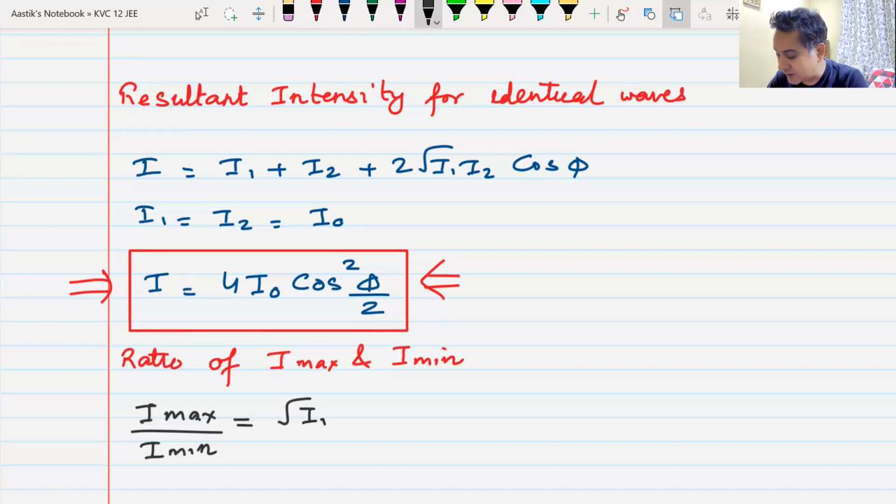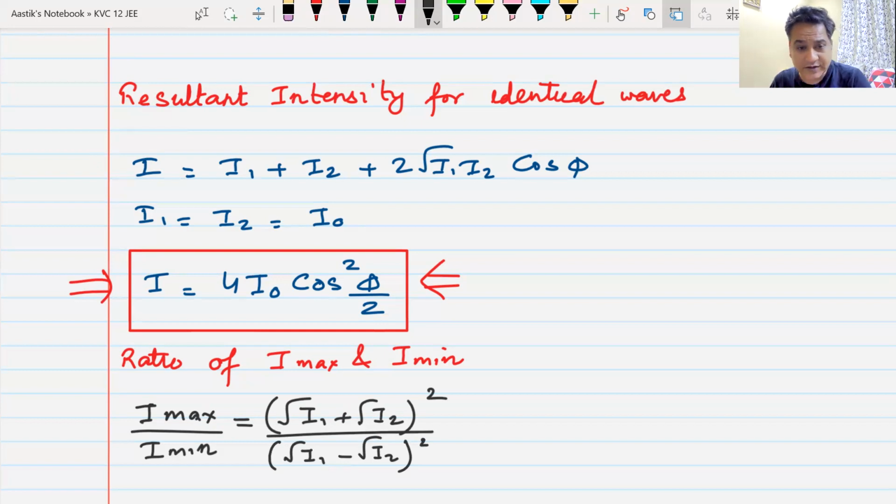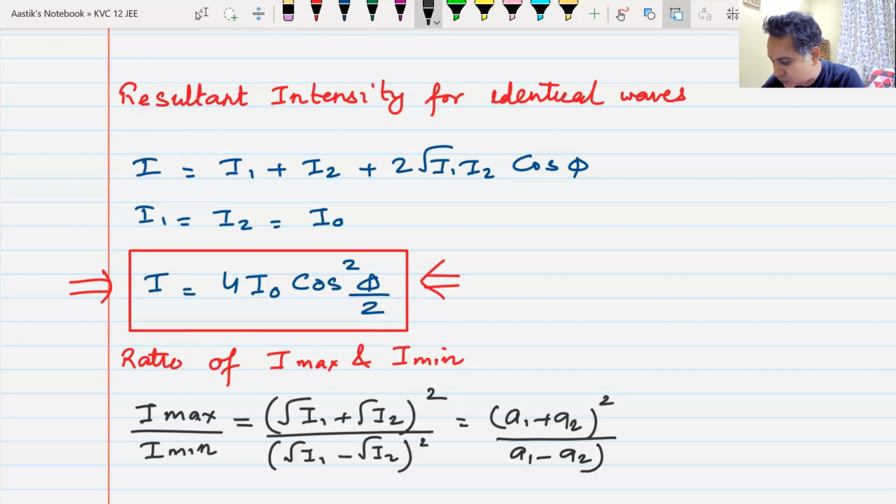So it will be root over I1 plus root over I2 whole square divided by root over I1 minus root over I2 whole square. This is one way of remembering it, or you can remember it as A1 plus A2 whole square divided by A1 minus A2 the whole square.